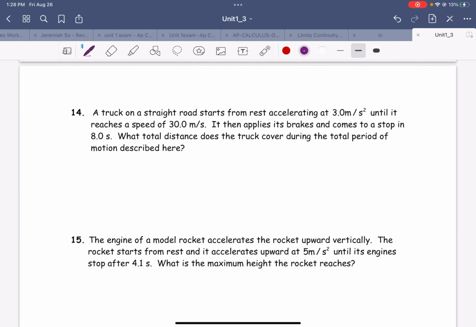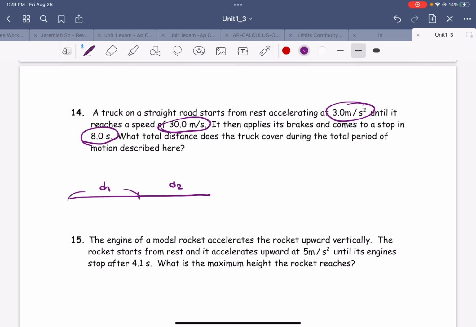Now, next, number 14. A truck on a straight road starts from rest, accelerating at 3 meters per second squared until it reaches a speed of 30 meters per second. Then it applies the brake and comes to a stop in a second. What total distance does the truck cover during the total period of motion described here? I'm going to separate it into distance 1 and distance 2.